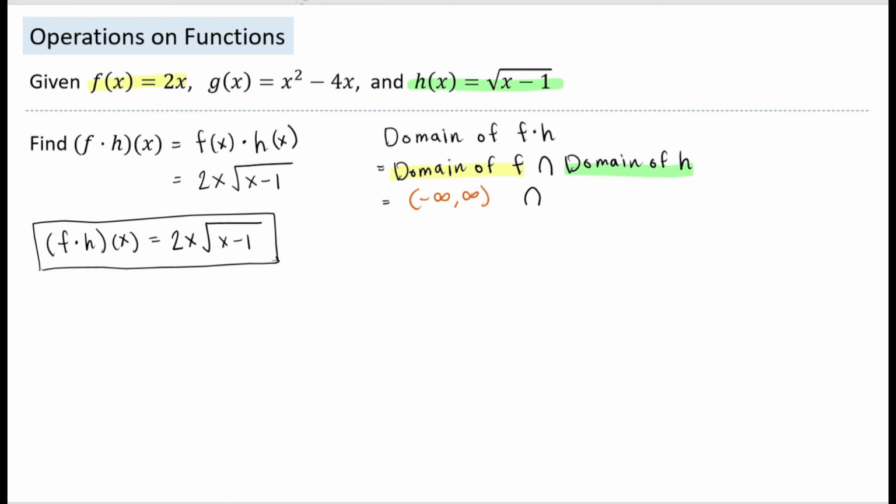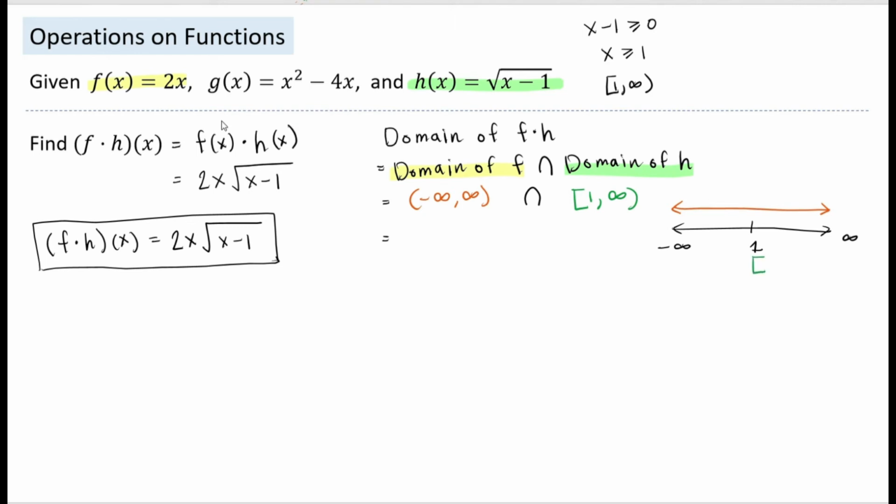So x minus 1 has to be greater than or equal to 0. So x is greater than or equal to 1. So the domain of h is the closed interval from 1 to infinity. The intersection of the domain of f and the domain of h is the closed interval from 1 to infinity.